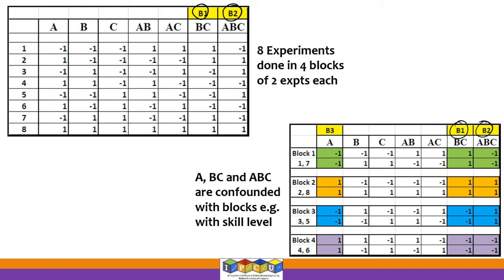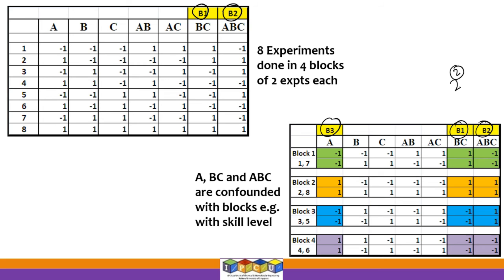That means we have to do 4 blocks, and 4 blocks means 2 to the power of 2. Therefore we need 2 basic blocking factors, and we chose BC and ABC for that role. But these two interact and multiply to give you this blocking factor 3, right? Which in this case happens to be ABC multiplied by BC, which is equal to A.